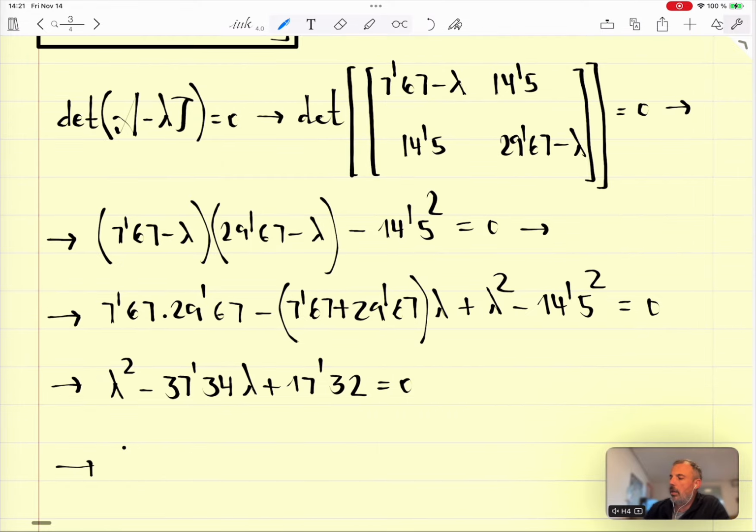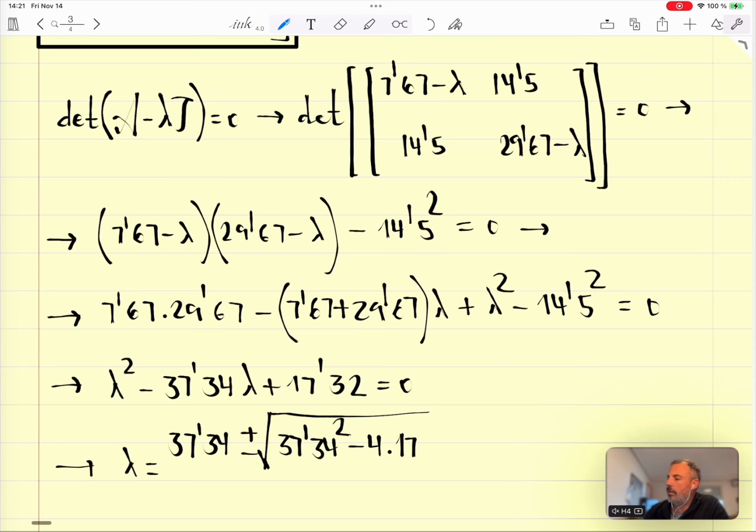Here you would use the known formula for it. In Germany, it's called Mitternachtsformel. 37.34 squared minus 4 times 17.32, divided by 2.